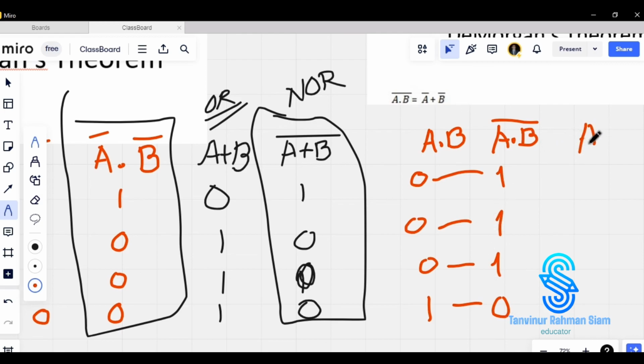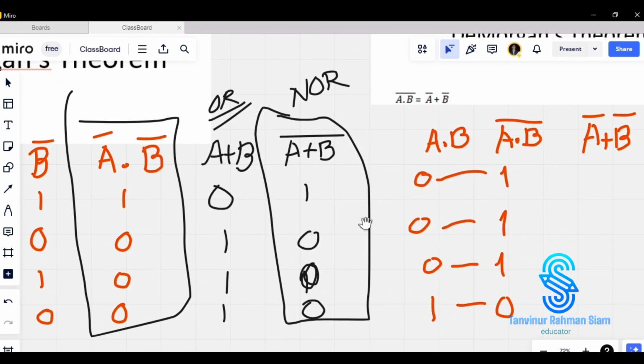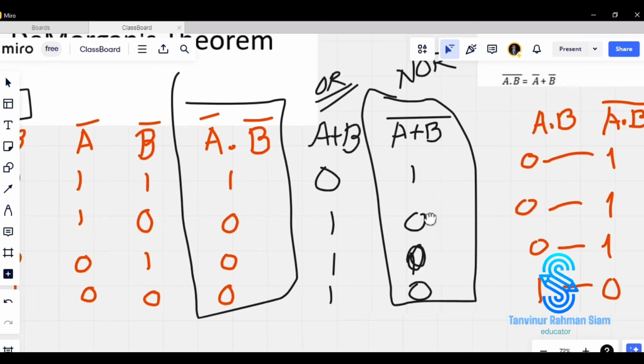A plus B bar. So A plus B, not fully bar, it's A bar plus B bar. It's quite different, hugely different, right? So A bar plus B bar. What does that mean? That means these two columns will be used as calculation for our next new column.